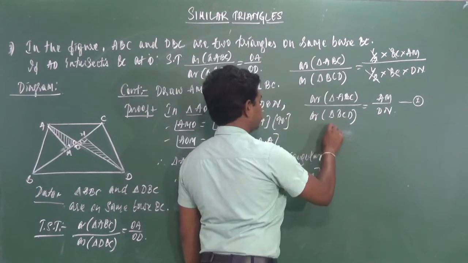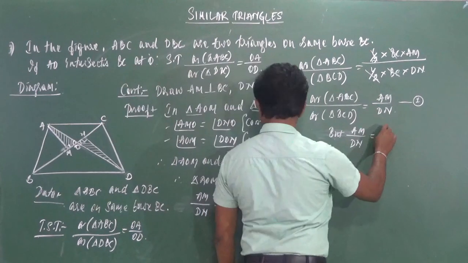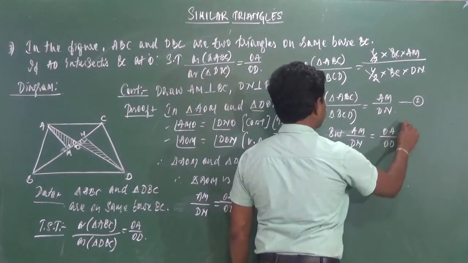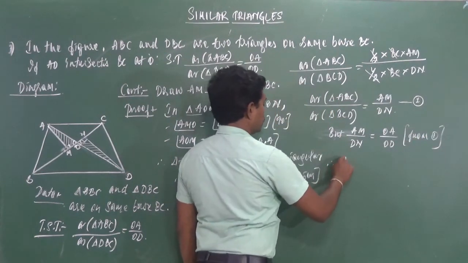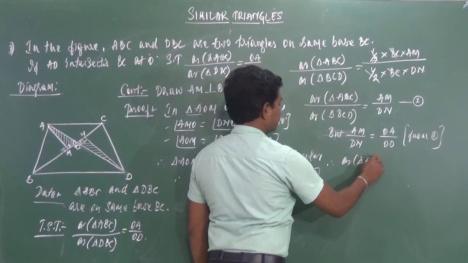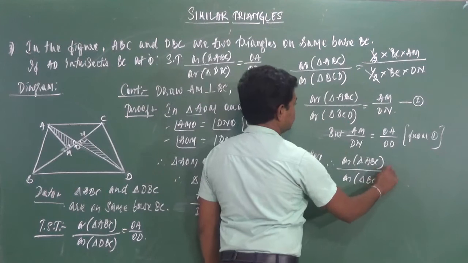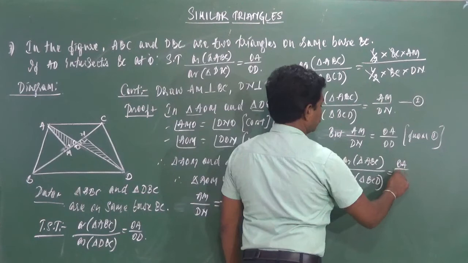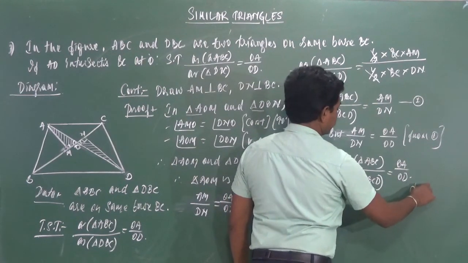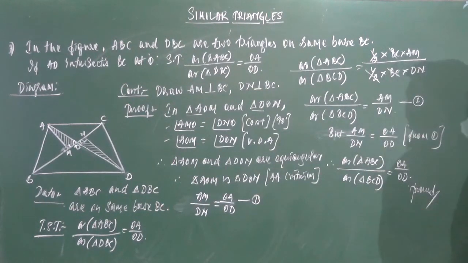Therefore, area of triangle ABC by area of triangle BCD is equal to OA by OD. So hence it is proved. This will be asked for 3 marks in your examination. It's a very important problem. You have to practice this. It's very, very important.